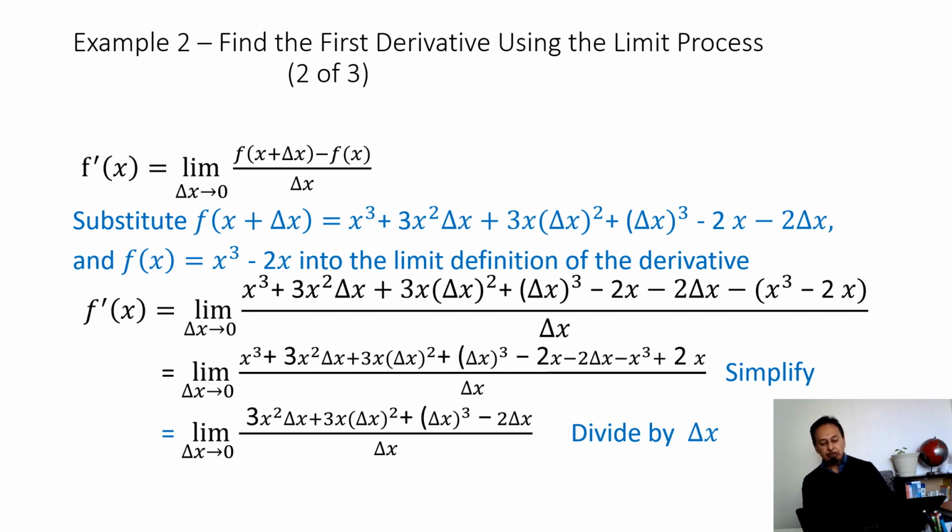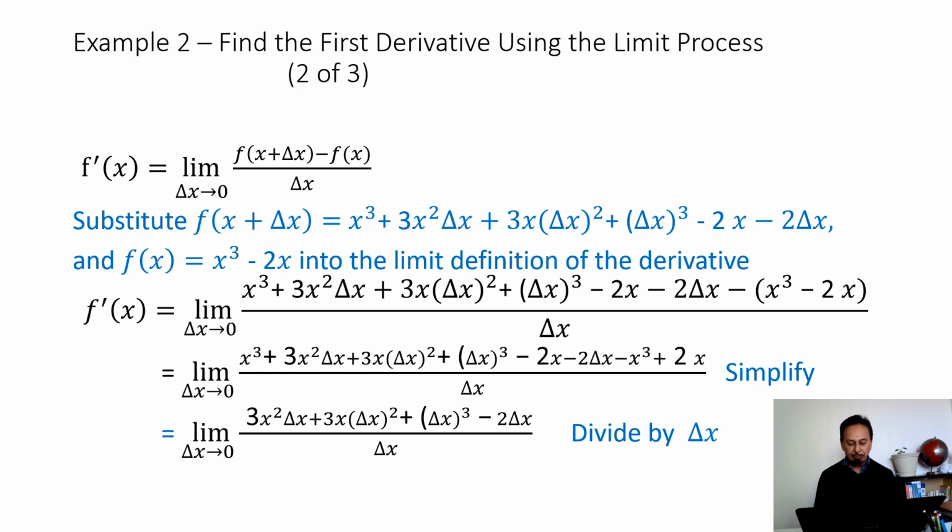So now we distribute the negative sign into x cubed minus 2x and just rewrite everything else, and we have the limit as delta x approaches 0 of x cubed plus 3x squared delta x plus 3x delta x squared plus delta x cubed minus 2x minus 2 delta x minus x cubed plus 2x, over delta x.